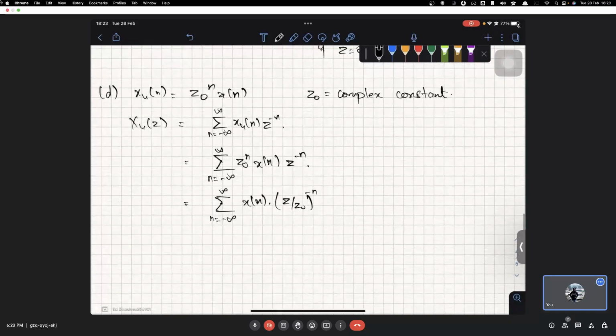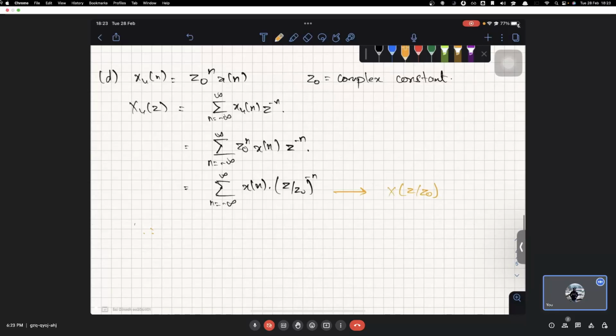Right, so this again is the form of x of z by z0. Therefore the new x4 of n, or z0 power n into x of n, is a z transform pair with x of z by z0.